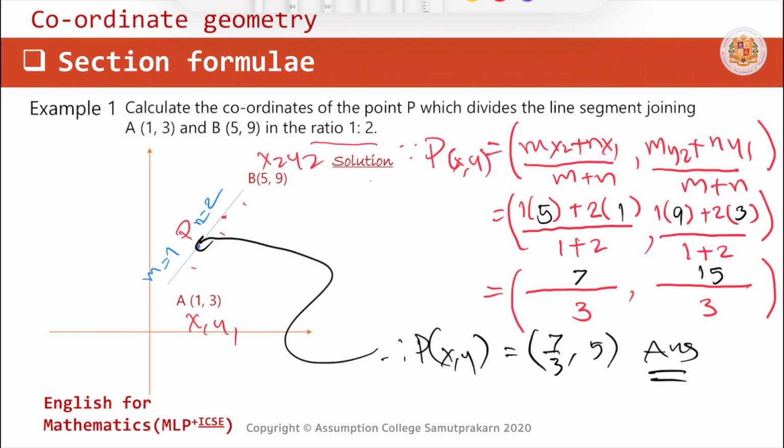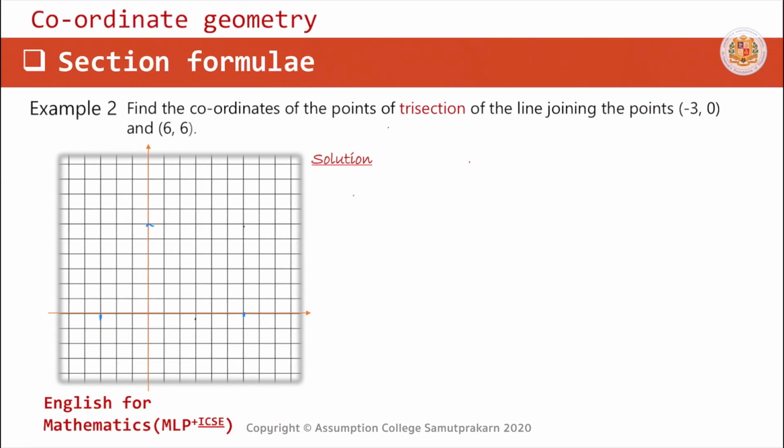Now, shall we go to example 2, where we have to find the coordinates of the points of trisection. That means we're going to have to separate the line joining this point and this point into 3 equal parts, and find each of the points dividing this line into 3 equal parts.